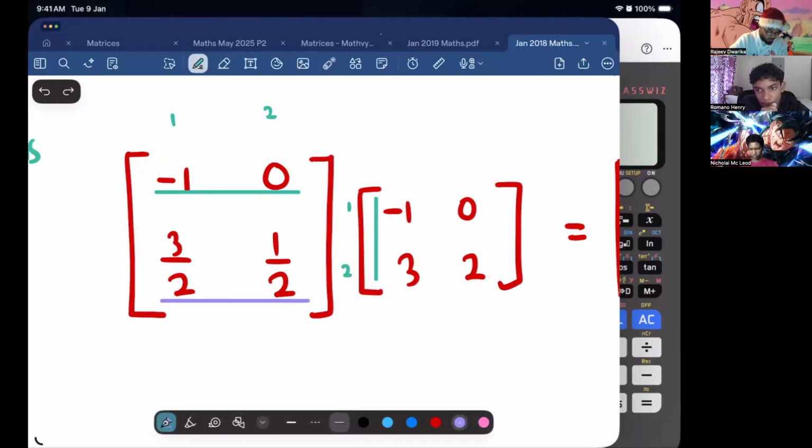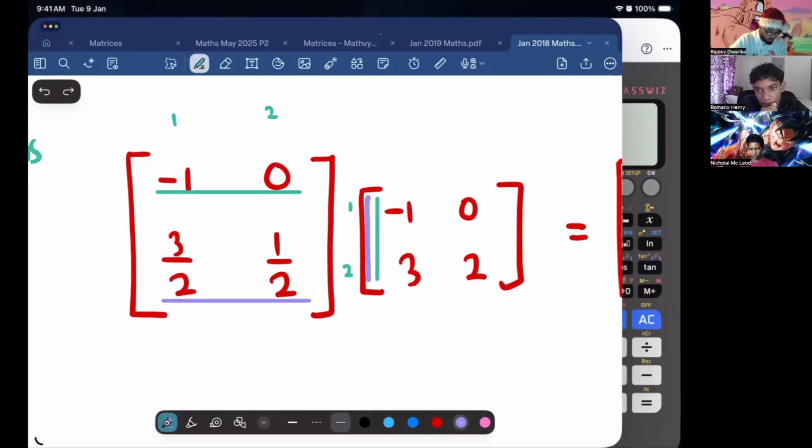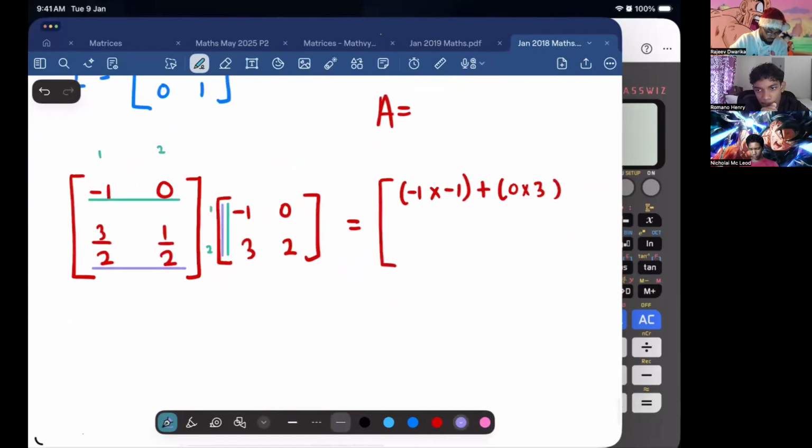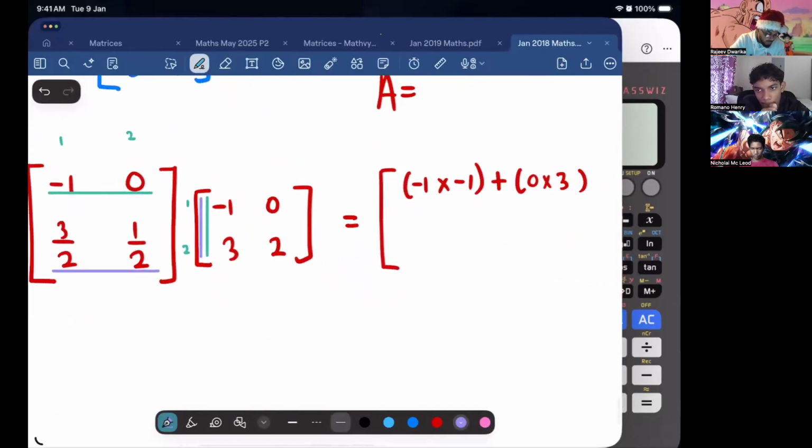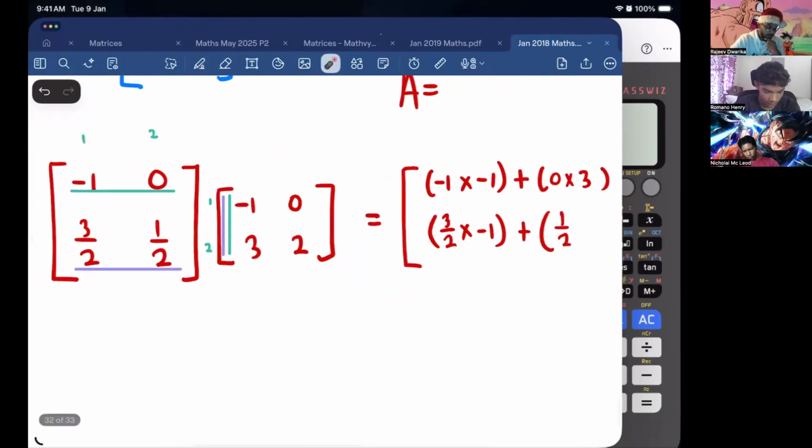Yes, sir. Watch. Right, so you're going to repeat the same procedure. So I'm going to multiply 3 over 2 by what? -1. Right? Plus what? A half by -1.